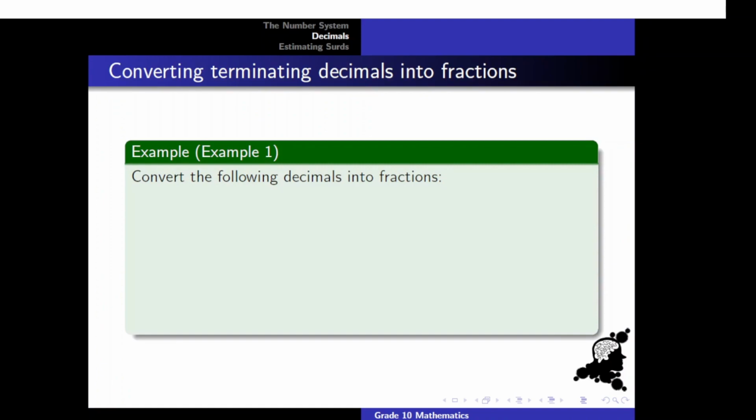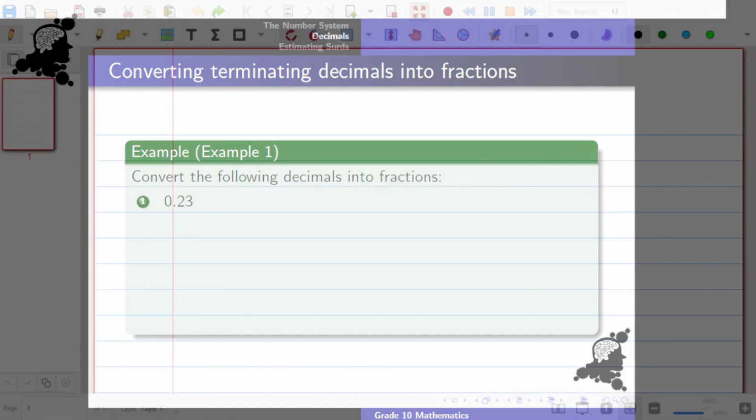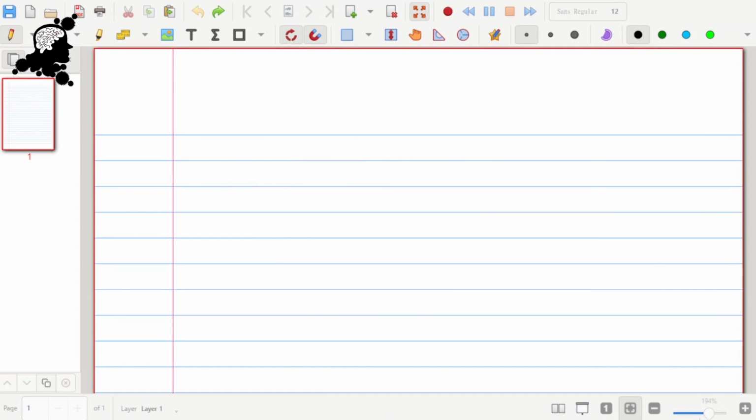Alright, convert the following terminating decimals into fractions. We've got 0,23. Let's head over to our writing pad and have a look at how we would do such a question. We are given 0,23. Let's just label this quickly. The 0, this is our integer part. And then the 0,23, this is our fractional part.